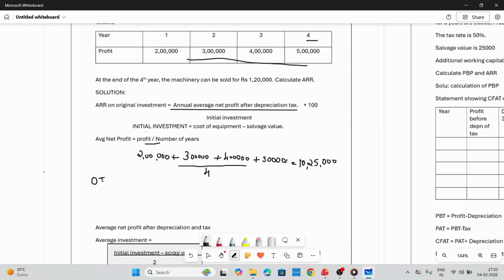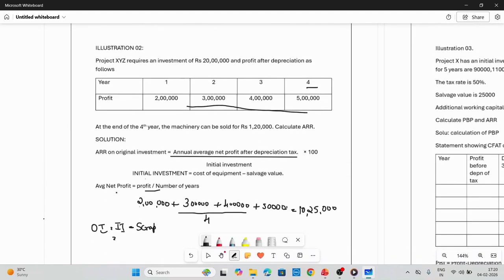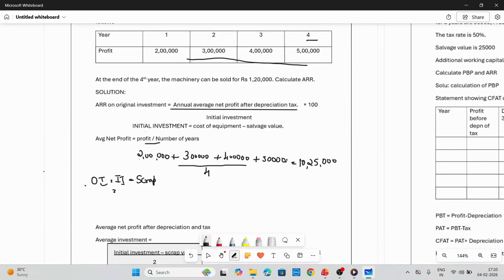So original investment is initial investment minus scrap value. What's the initial investment here? It's 20 lakh. So 20 lakh minus 1,20,000 is 18 lakh 80,000.